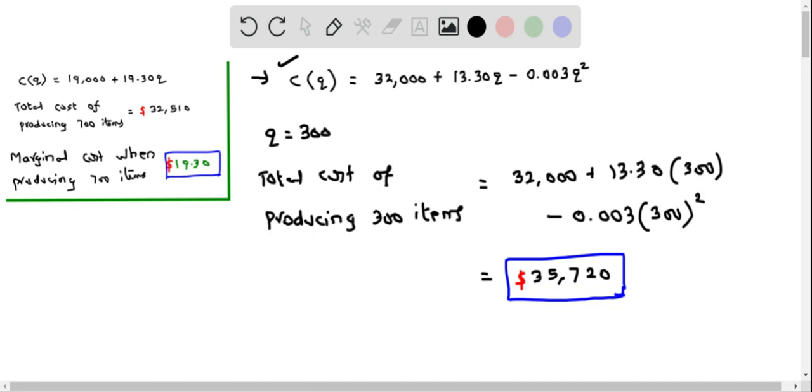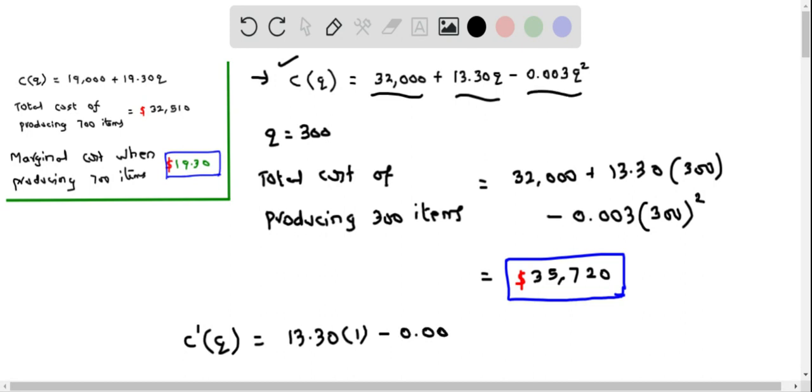Now let's determine the marginal cost when producing 300 items. So for that we should find the derivative of the total cost function. Let's find the derivative, which we write down as C prime of Q. And so this equals the derivative of 32,000, a constant, is 0, and the derivative of 13.30 Q is 13.30 times the derivative of Q, which is 1, minus the derivative of 0.003 Q squared, which is 0.003, and then the derivative of Q squared using the power rule is 2Q.